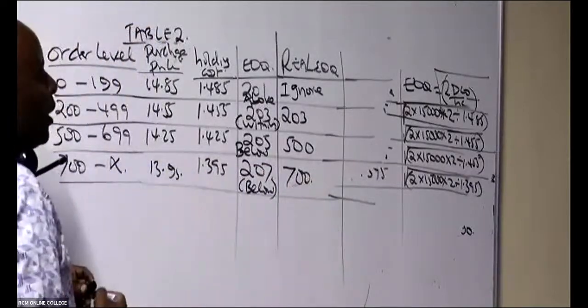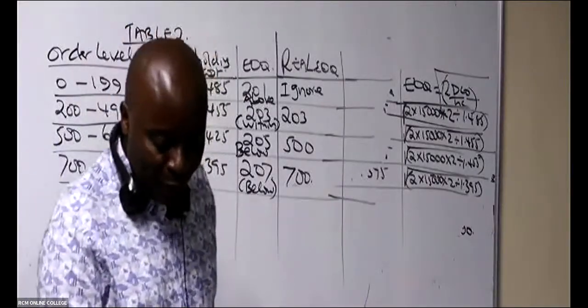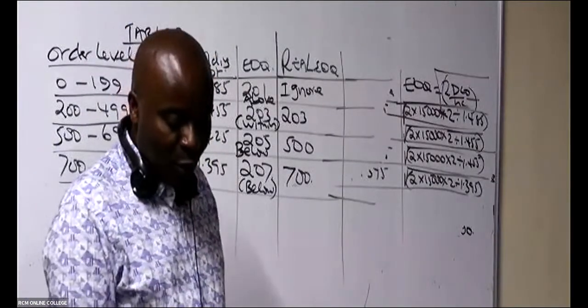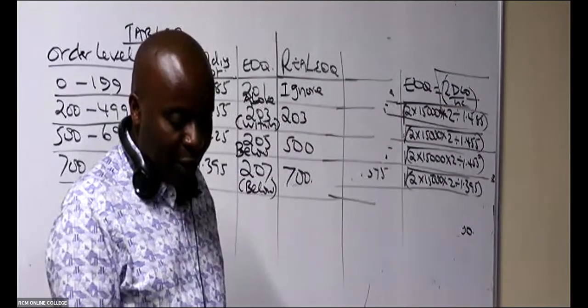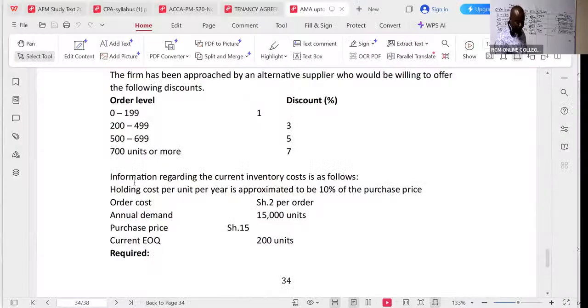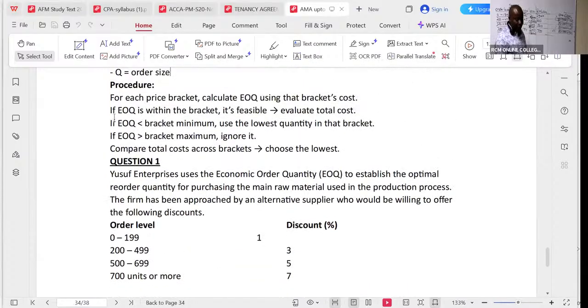Please allow me to repeat this concept for the safety of everyone. What we've been told here is very important: if EOQ is within the bracket, it's feasible, it's real, so evaluate it.